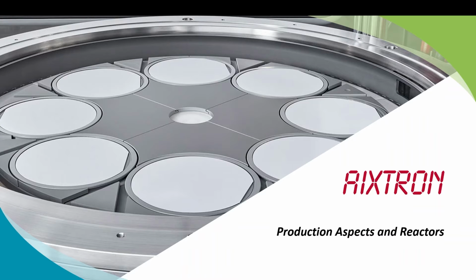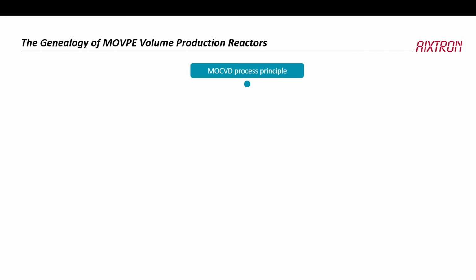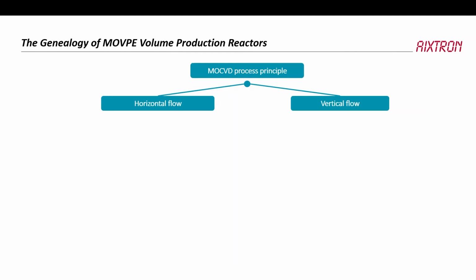So, production aspects. There is this overarching MOCVD process principle. It's more or less what I just explained to you, and let's now look at different types of reactors. You can separate out the CVD reactors into horizontal flow and vertical flow reactors.